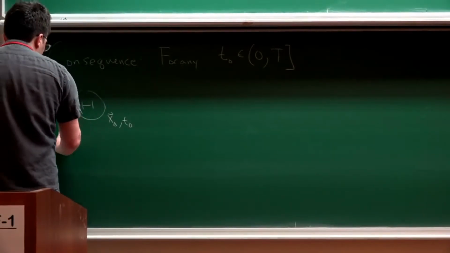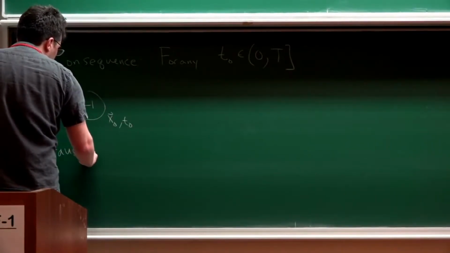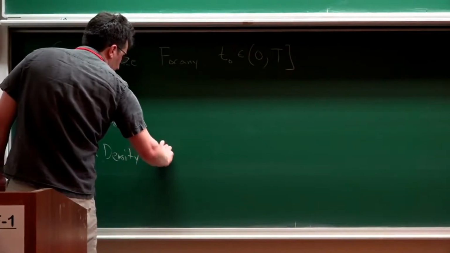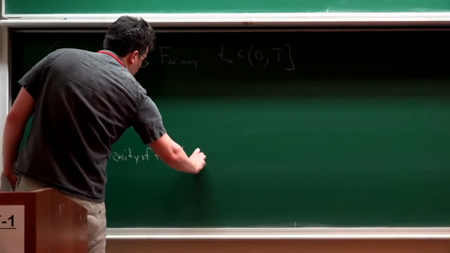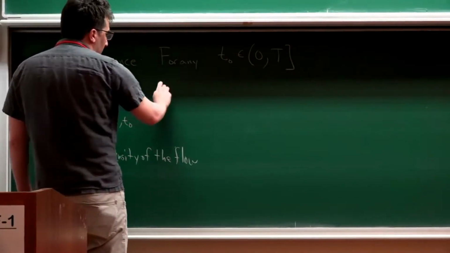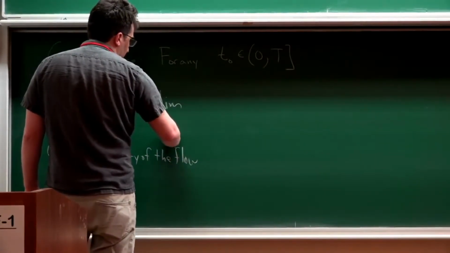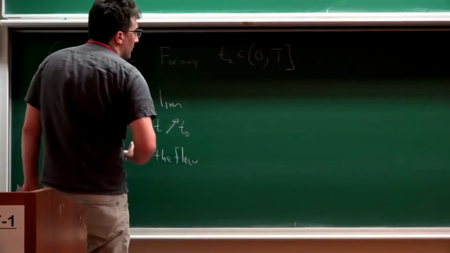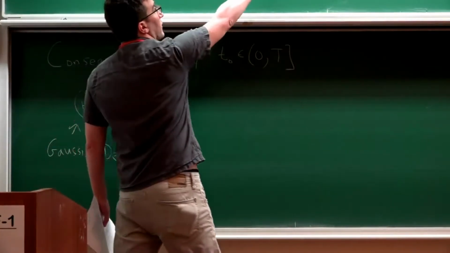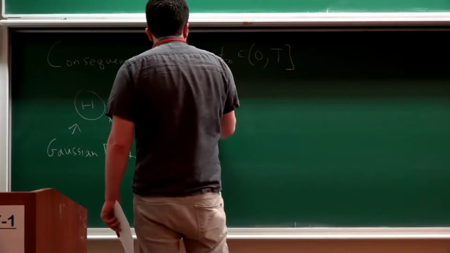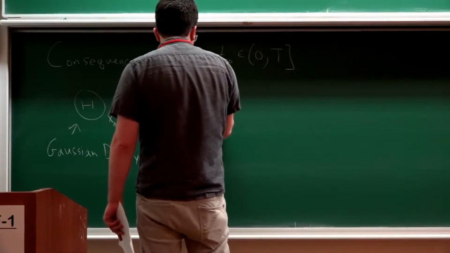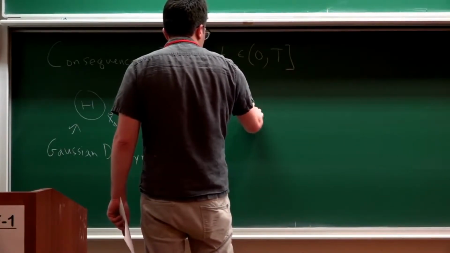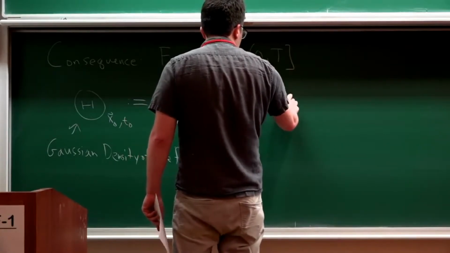This is going to be defined to be the limit as t increases to t naught of basically this quantity, the integral over sigma t of phi.